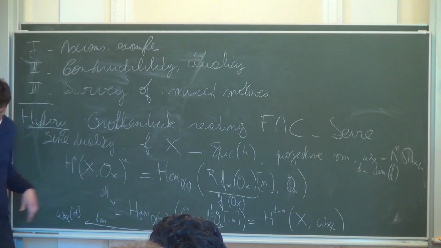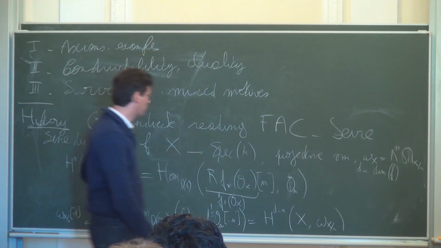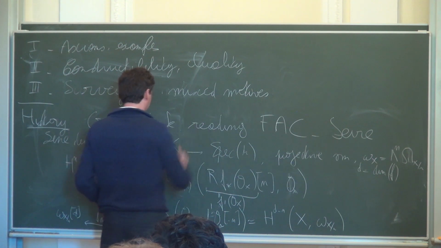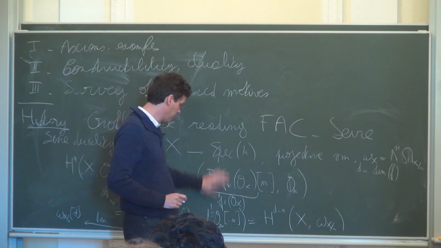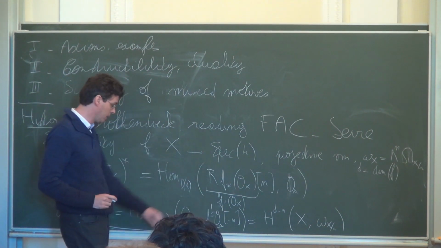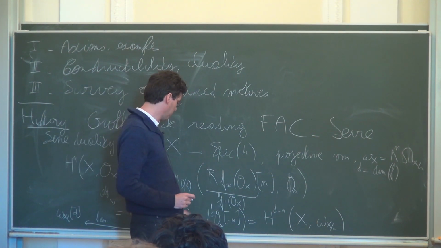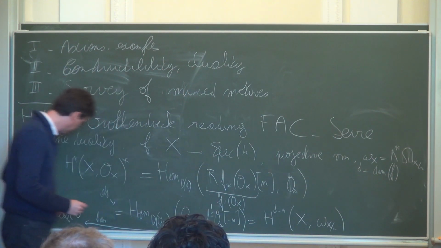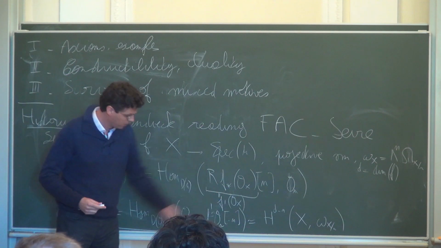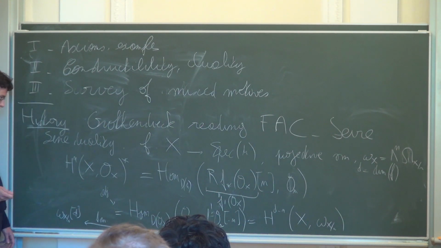Much of the development of the six functors formalism by Grothendieck was driven by the idea that you can extend and generalize this. The first thing is that you can assume that f is non-smooth. Here, instead of having this computation, you'll get an object which is called the dualizing object.